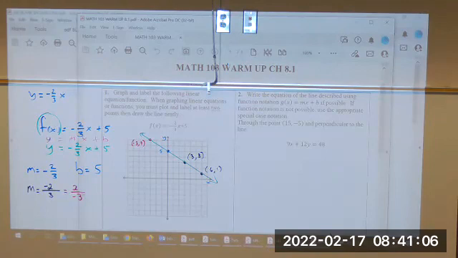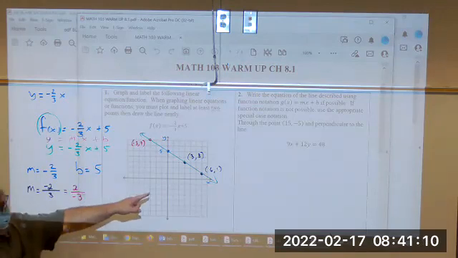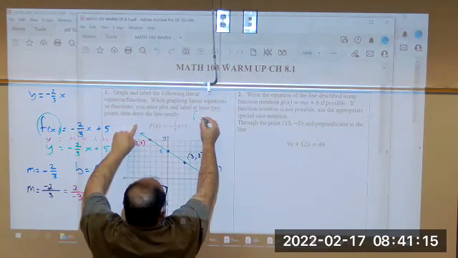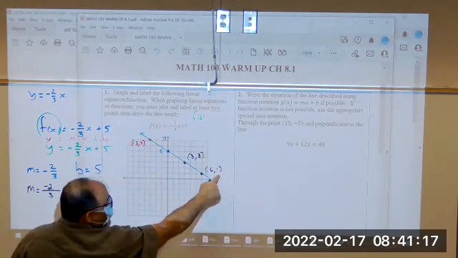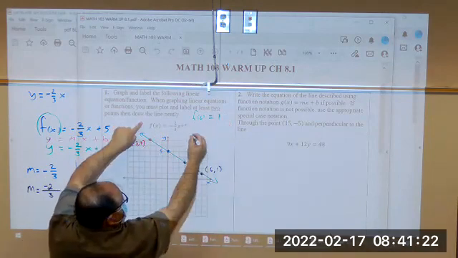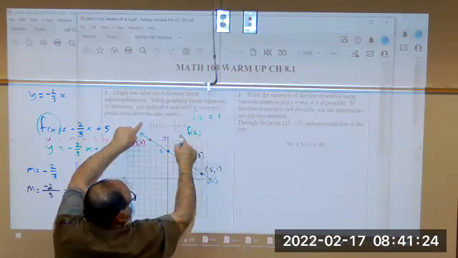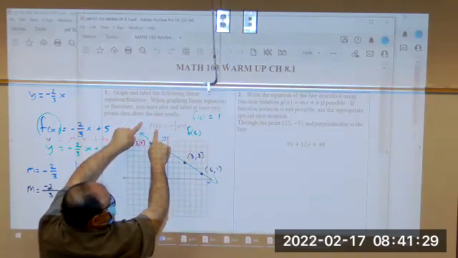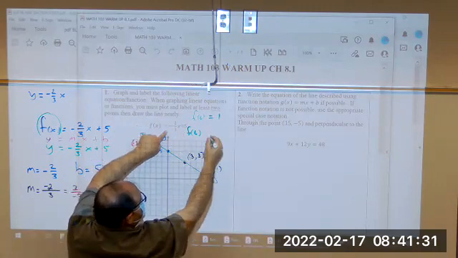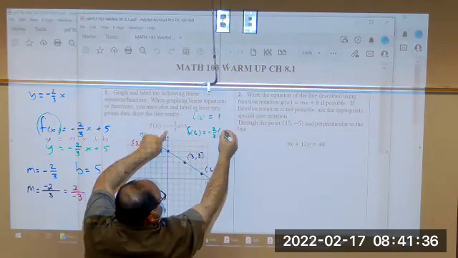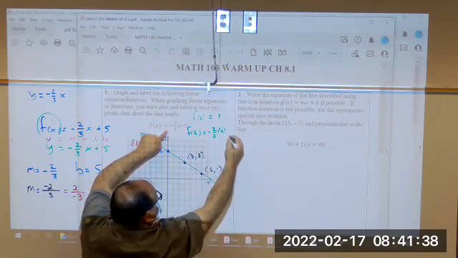What does it mean if you're on the line? That means if you plug in the x coordinate, you're supposed to get this y coordinate that comes out. If I go f of 6, the y answer is a 1. I'm supposed to get 1 when I plug in the 6. So let's see. F of 6 means replace this x with a 6. So it would be negative 2/3 times this x is now a 6, and then plus 5.